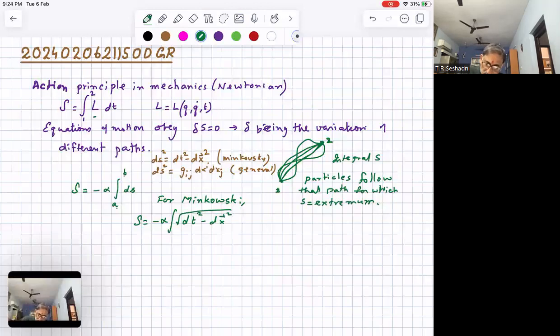And this is equal to minus alpha times integral dt square root of 1 minus dx square by dt square, which is equal to minus alpha integral dt square root of 1 minus v square, the famous 1 minus v square expression.